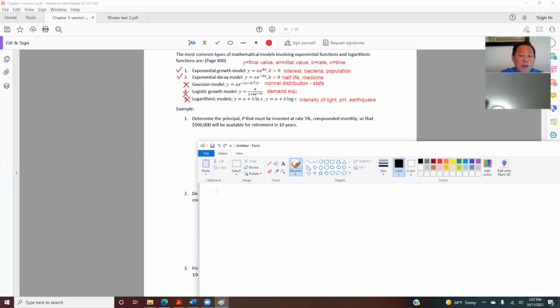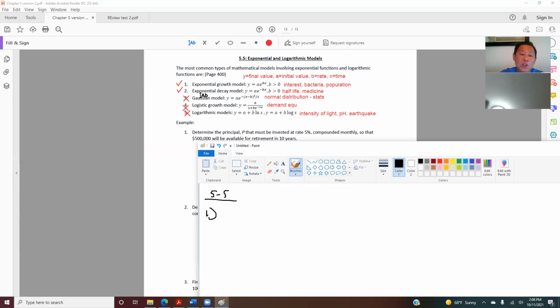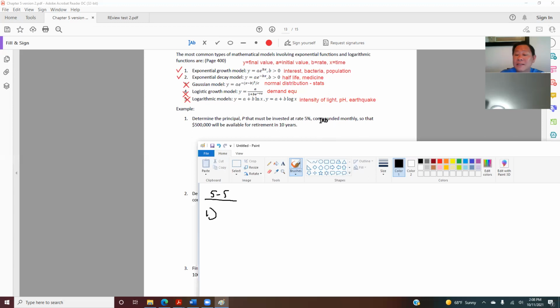This question, 5.5 question number 1, is about compounding monthly, so it is not an exponential growth or decay model. Since it's compounded monthly, you have to use the formula A equals P times 1 plus R over N to the power of NT.